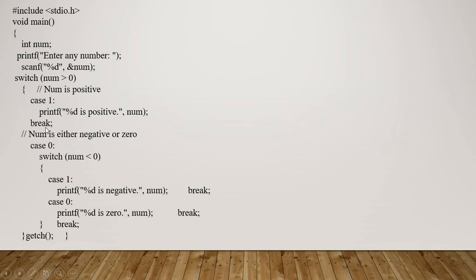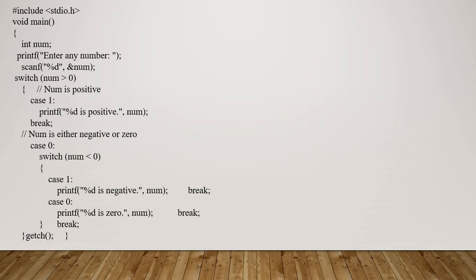If it won't get executed, meaning the true statement is not there and the number is negative, then we want to execute this false part. So in case 0 we have given a switch case one more time over here, that is, that number is less than 0, so we want to execute it's negative, or maybe that number could be 0 also.